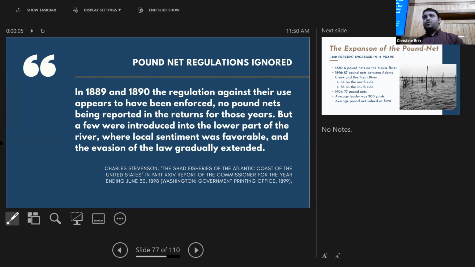The guys who were really pro-pound net were from areas like Atlantic, Cedar Island, Sea Level. And they were going up into the Neuse so they could actually use their pound nets. And Carteret County was like, fine, we're turning a blind eye to it as long as it's not in Core Sound, where the folks absolutely hate it.